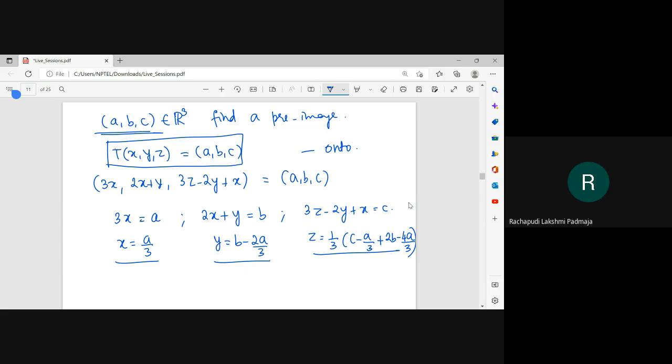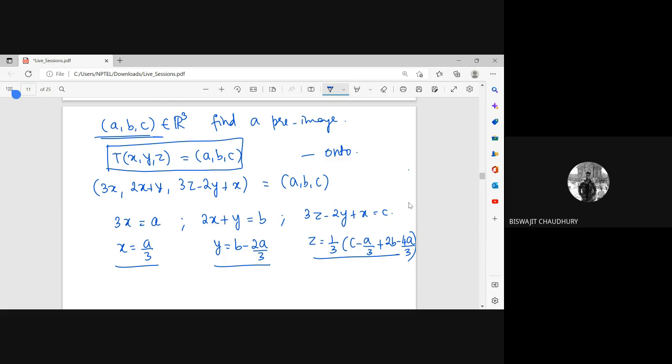Ma'am, can we say that if it is from R3 to R3, always it is possible? No. Even then it is not possible. I'll give you an example. Yeah, that's where my doubt is. Yes, ma'am. Ma'am, if the dimension of that range is 2, let's take, then it won't be onto. Yeah, because if you just remove this z in that 3z minus 2y plus x is equal to c, then it won't be the onto function.